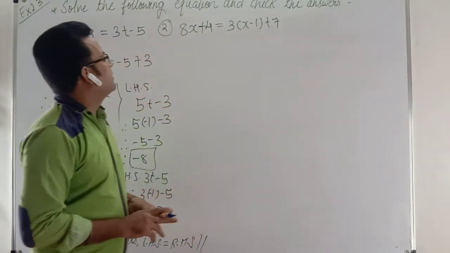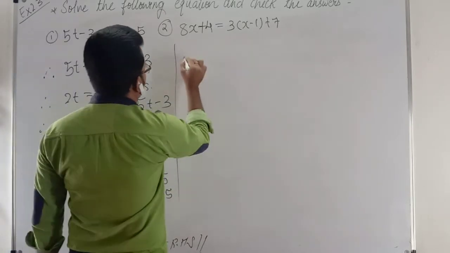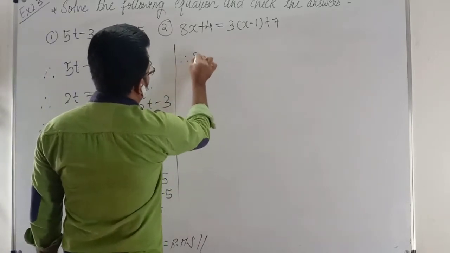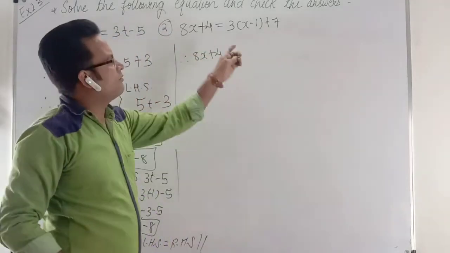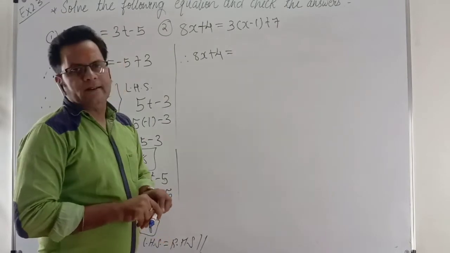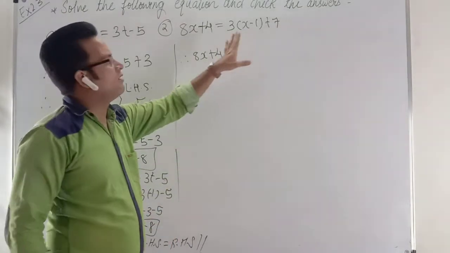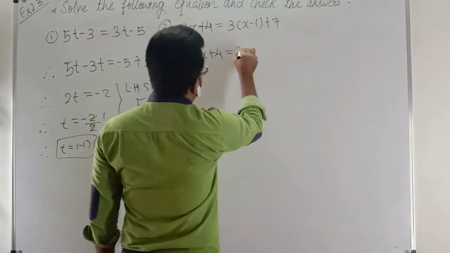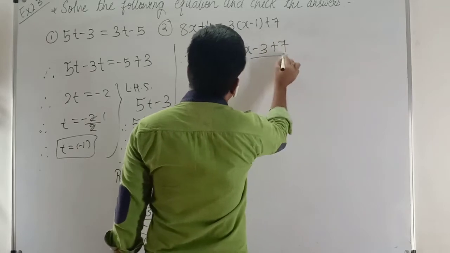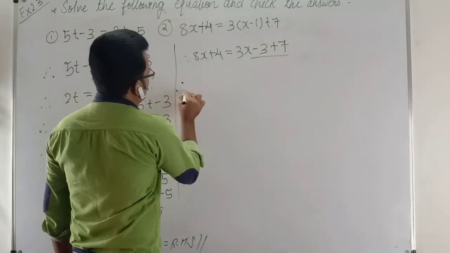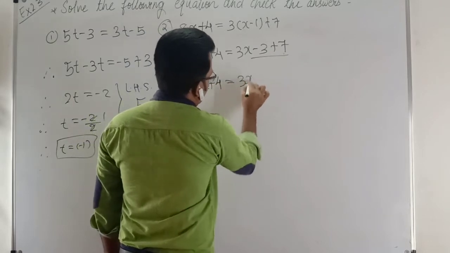Now look at here. The next one is 8x plus 4, as it is we will keep, because here we have been given a bracket, x minus 1. So you have to multiply this bracket with the 3. So 3x minus 3 plus 7. Therefore 8x plus 4 is equal to 3x.